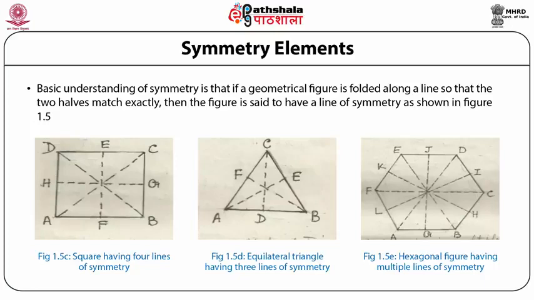Similarly, let us take the line FC, which divides the hexagon into two parts, which are the mirror images of one another, CDEF being the mirror image of CBAF, and so on. So this way we can say that a regular hexagonal figure has multiple lines of symmetry.